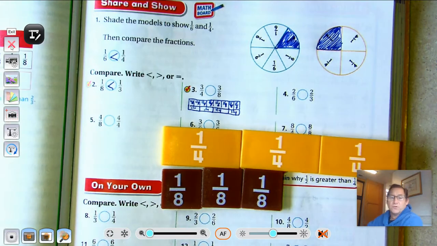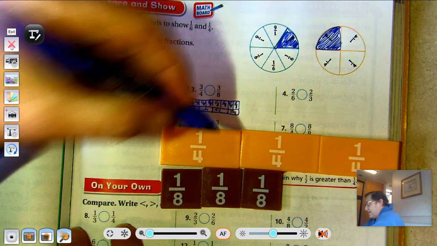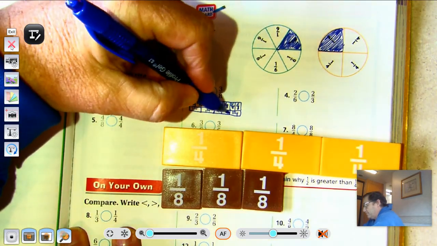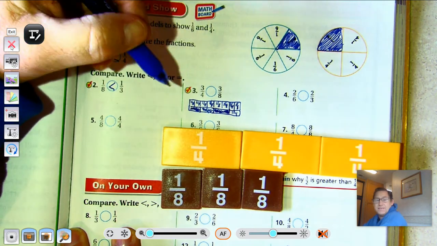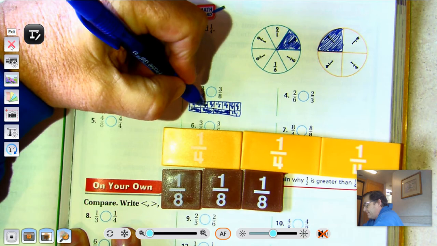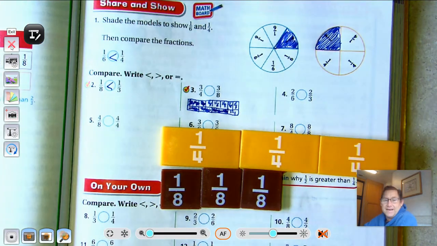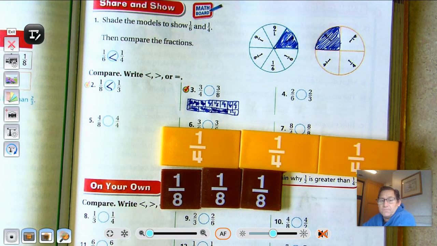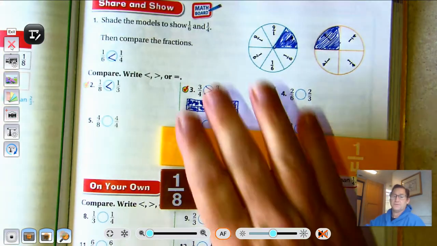All right. So if we drew that model, we'd have 8/8 and 4/4, and we need to shade in 3 of the 4s, and we need to shade in 3 of the 8s. Again, because they're sharing with more people, there's more equal parts in the 8s, those pieces are a lot smaller. So 3/4 is larger than 3/8.